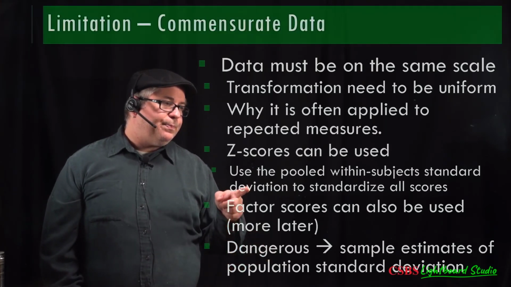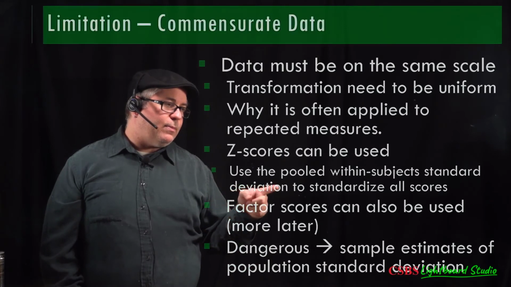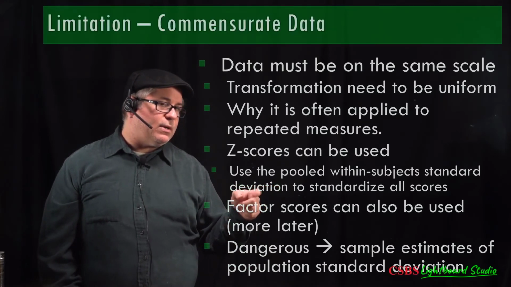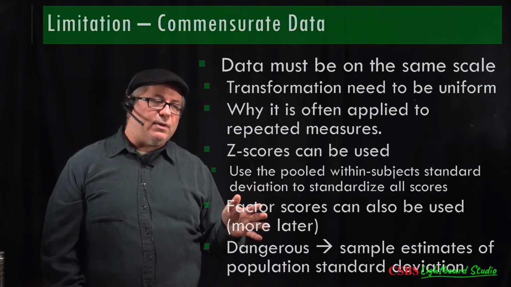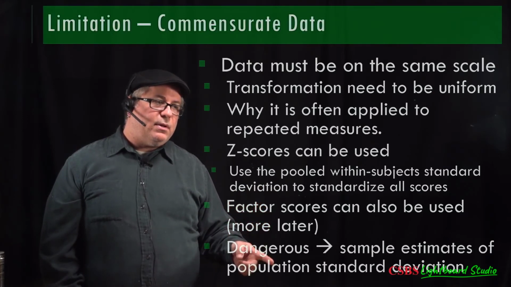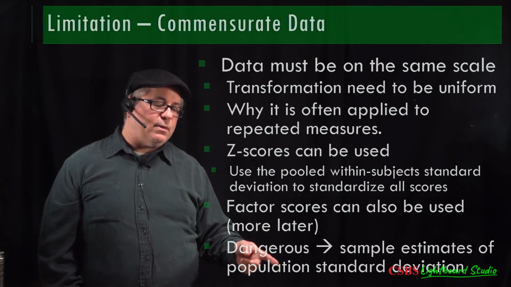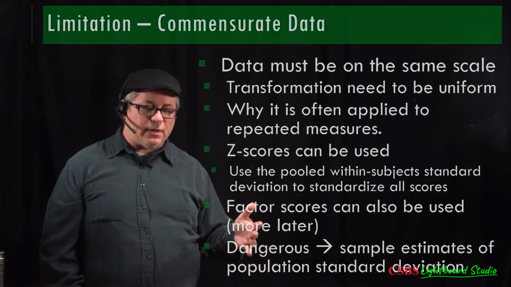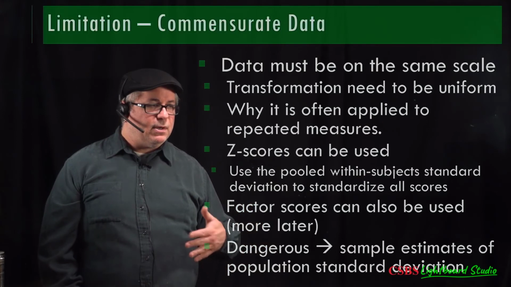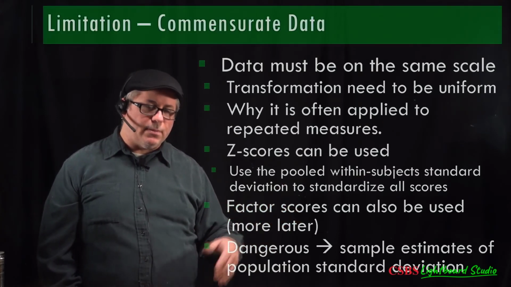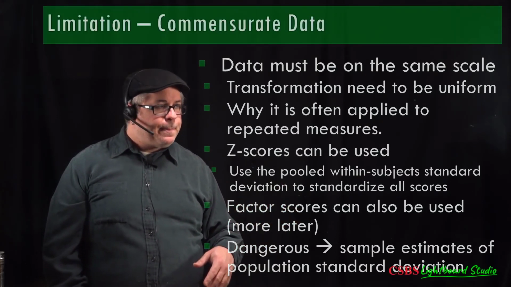So for instance, if I'm using this pooled standard deviation to standardize everything to make them commensurate, well, that may not actually reflect the population value well, and what you're going to get is not going to be very reflective of the population in terms of change over time, or parallel profiles and things. All right.